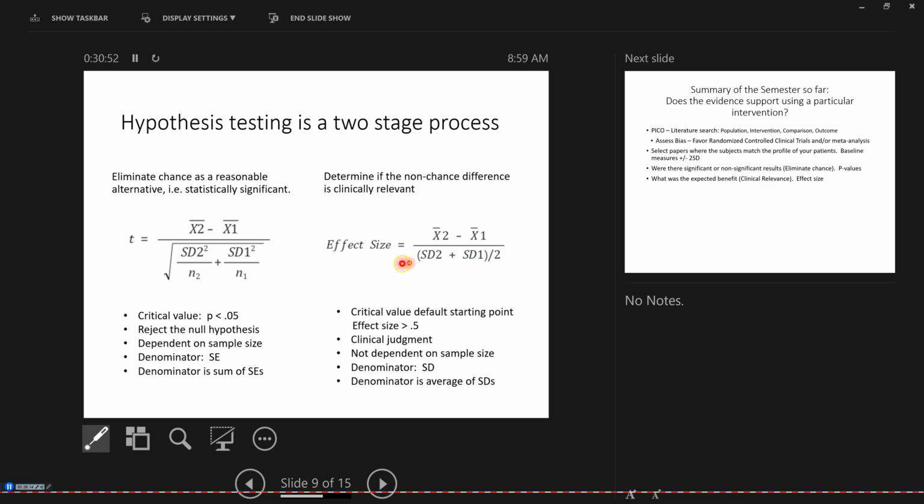And notice the similarity between these two equations. They both have a difference between means, but this is the pooled standard error that sums the two standard errors, basically. And this takes the average standard deviation. So the difference here is in terms of standard deviation units, and the difference here is in terms of standard error units.